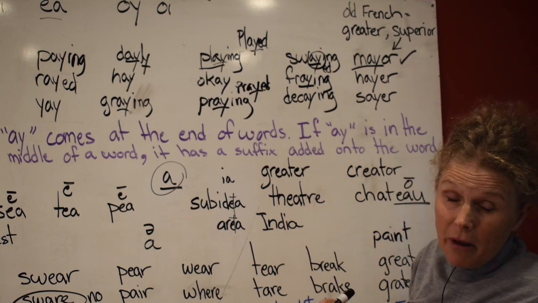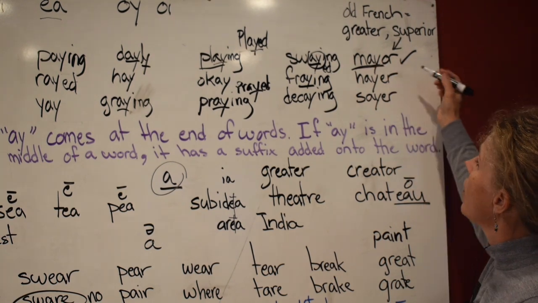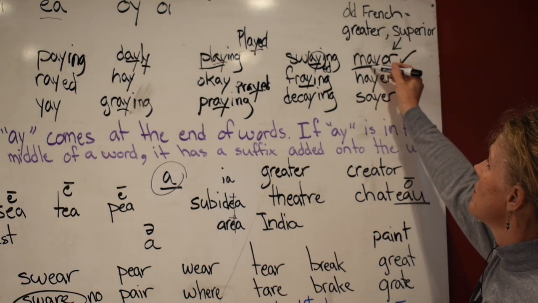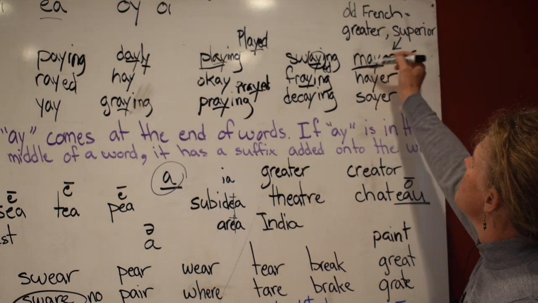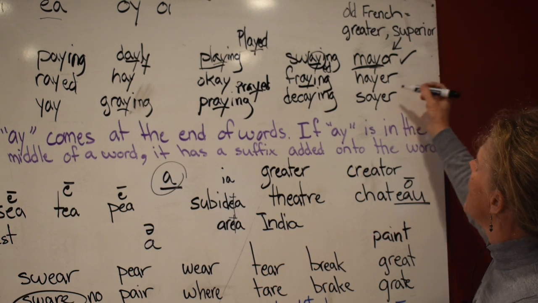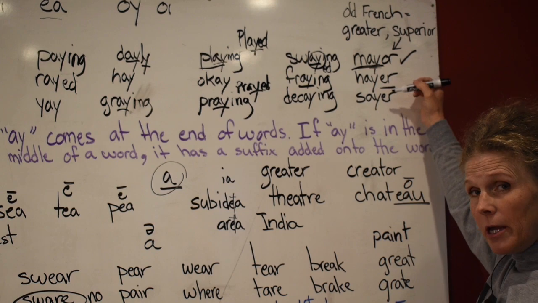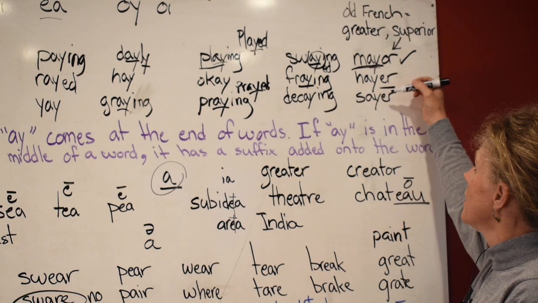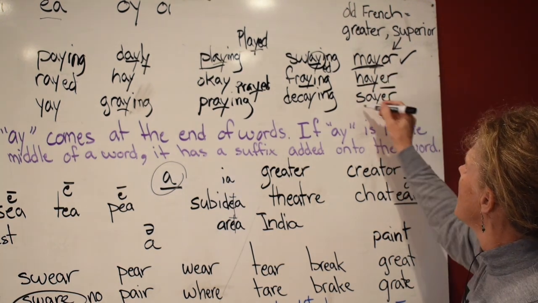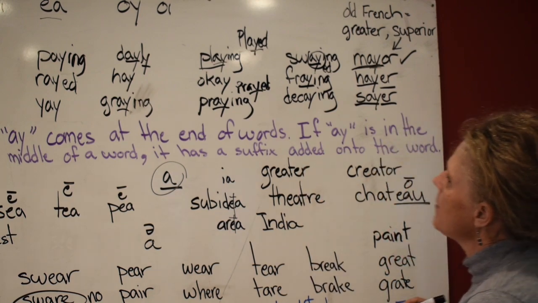And it's also the month of May, so it could be a different thing. It comes from the Old French, and so that's where you get this AY in there, because this means greater, superior. But see, look, ER can mean three different things, and one of those things means a person who does. A sayer is somebody who says something, okay?